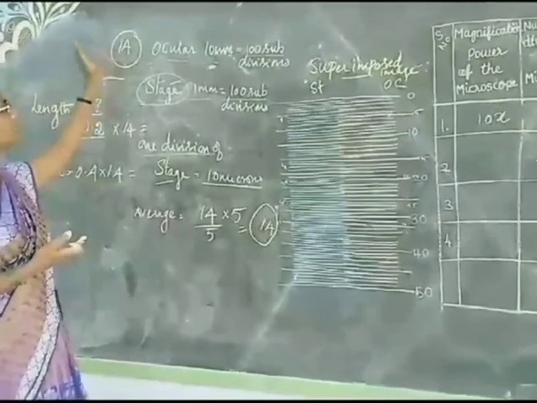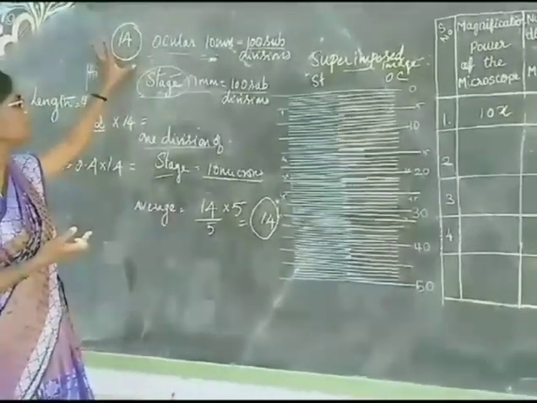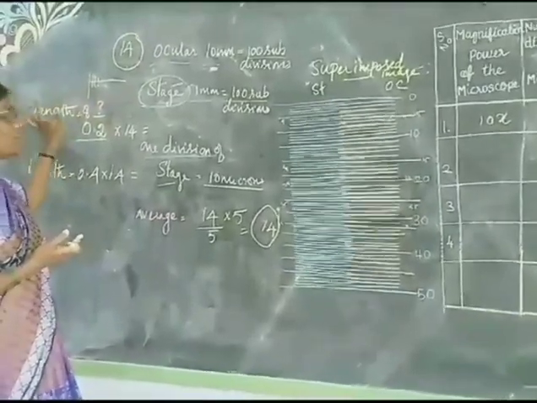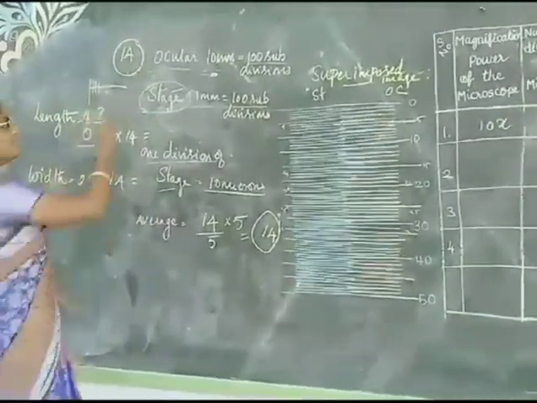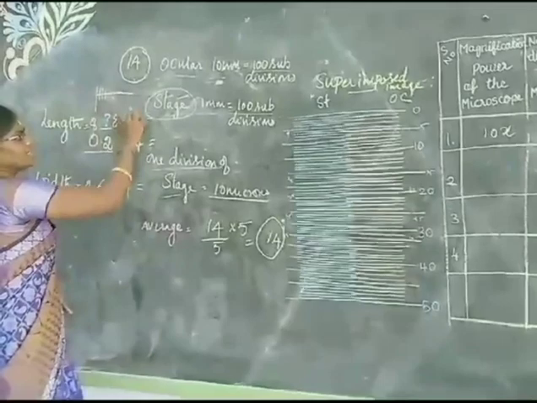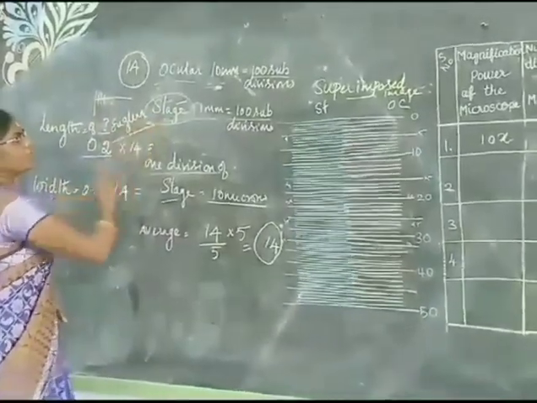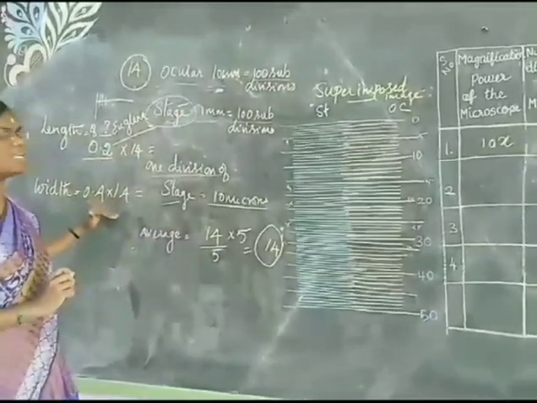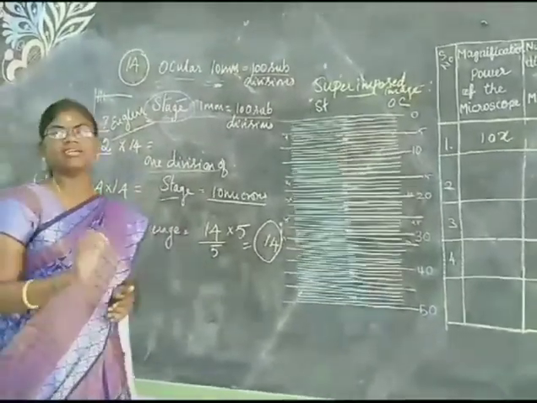Then you need to multiply the number of ocular divisions for the length of a particular organism, like a Euglena, with the calibration value. Okay, so like this you need to calculate the length and width of the organism with the help of micrometry. Thank you.